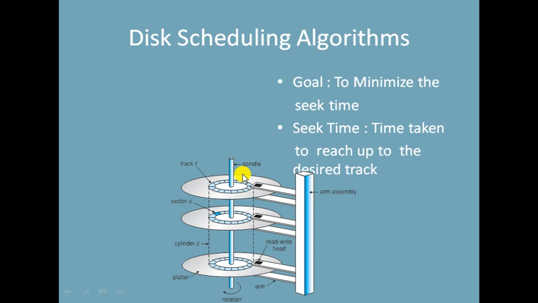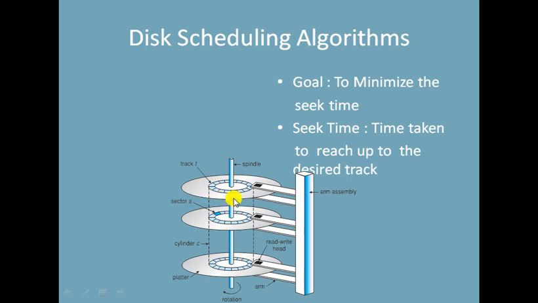So your hard disk is divided into a number of platters. On each platter there are a number of tracks, and on each track there are a number of sectors. If you take track 1 on the first platter and the same track on the second and third platters and combine them, you call it a cylinder.